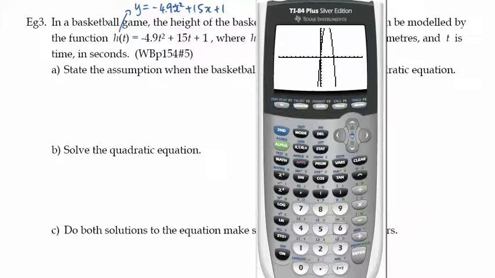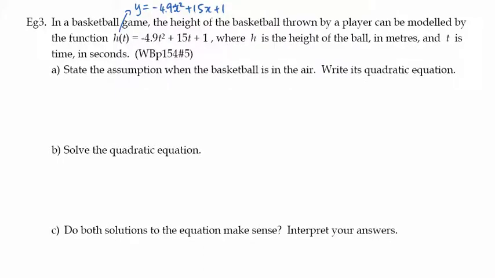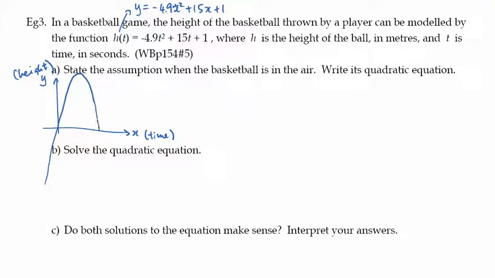If you were to talk about shooting a basketball, if this is the height, and on the x-axis it represents the time, it doesn't make sense for your parabola to start from some negative value, go to the maximum point, hit 0, and go negative again.